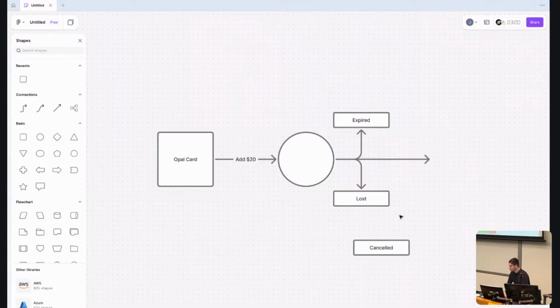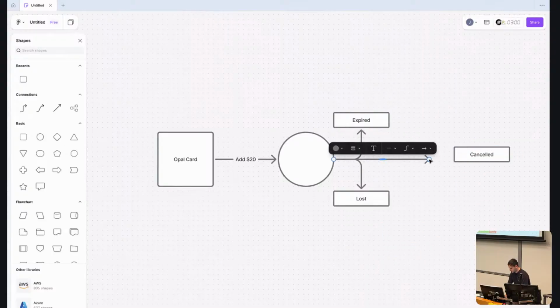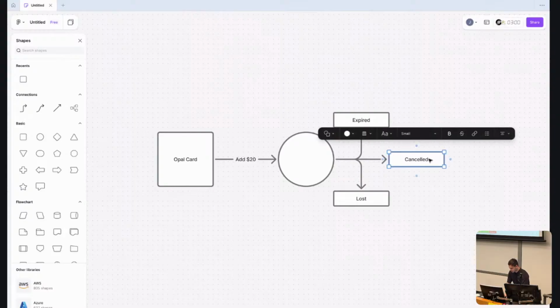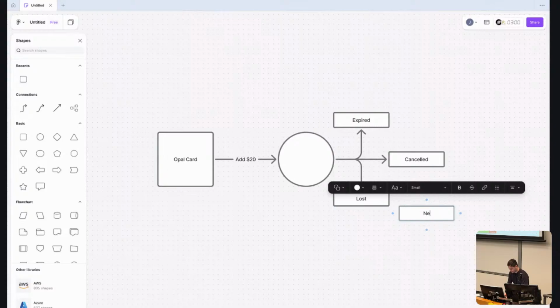Is this like a physical $20? It could be like a digital and card decline, right? Let's say that the payment went through. So now we're describing the model of how the $20 gets placed onto the Opal card. It could be completely normal Opal card, but just slightly in debt. Okay, yeah, so negative balance.